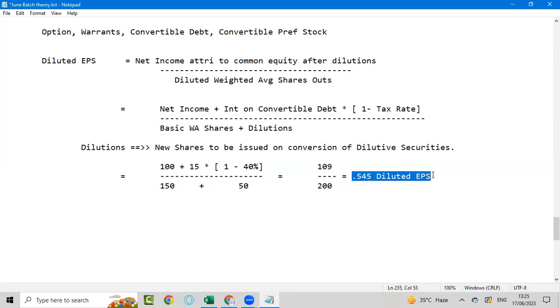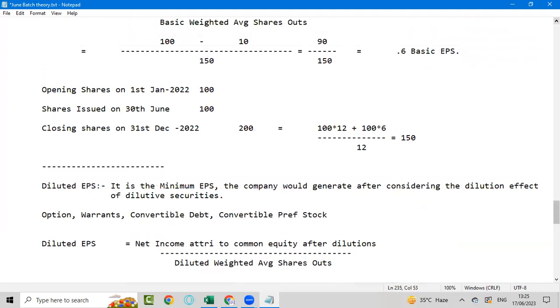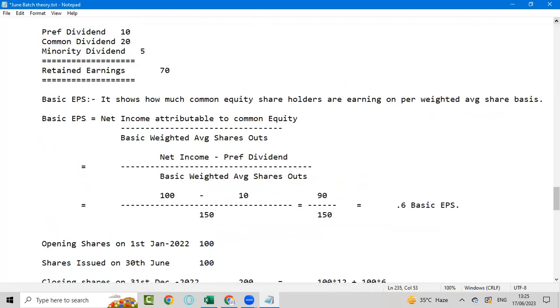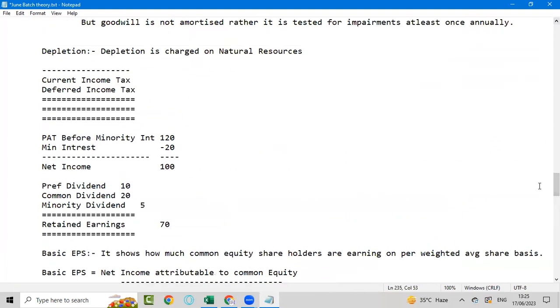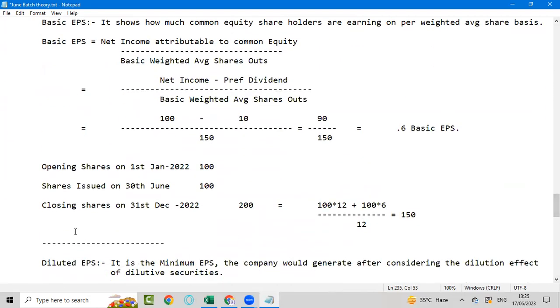If they are actually converted, then it will not affect diluted EPS. It will first affect my basic EPS. If they are actually converted, then we will have to issue shares, maybe in June, in July or September, whenever. Shares will be issued and it will affect my basic earning per share.